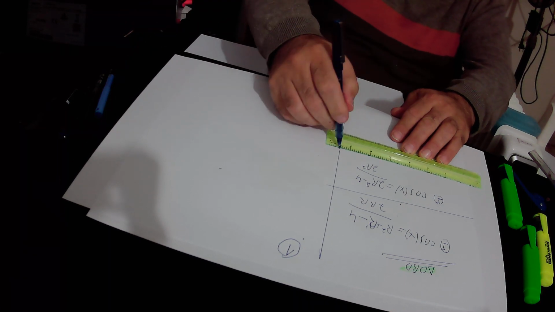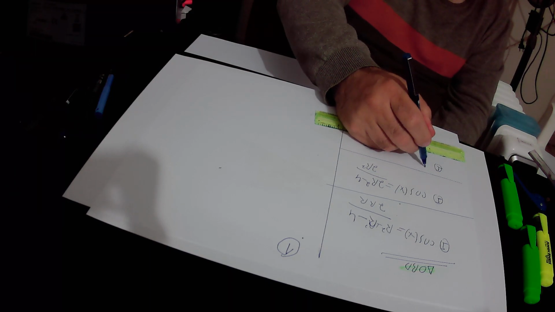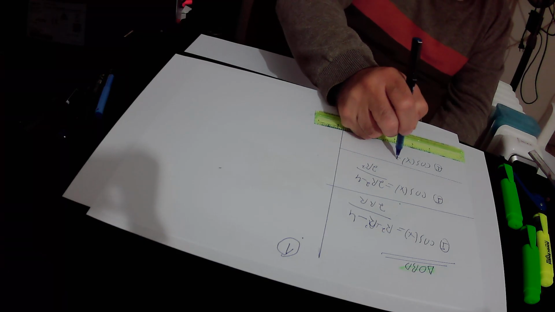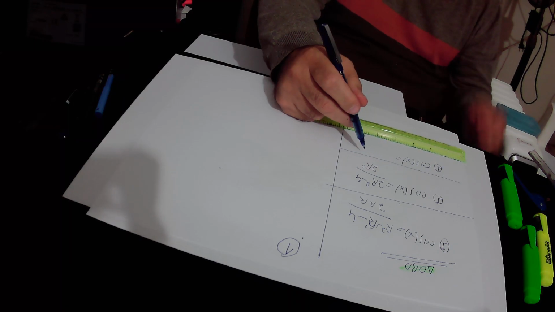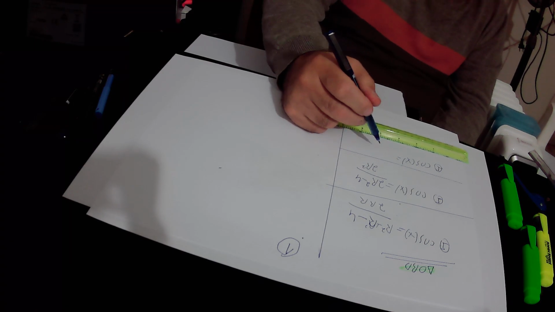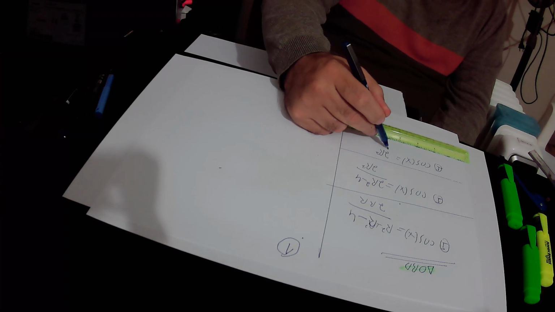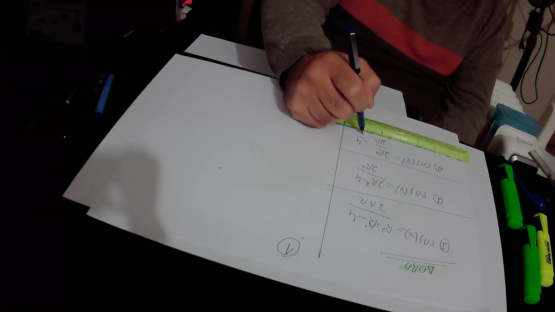Or cosine x, according to this equation number 1, equals, we'll split this expression into 2 parts. The first part will be 2r squared over 2r squared, minus 4 over 2r squared.